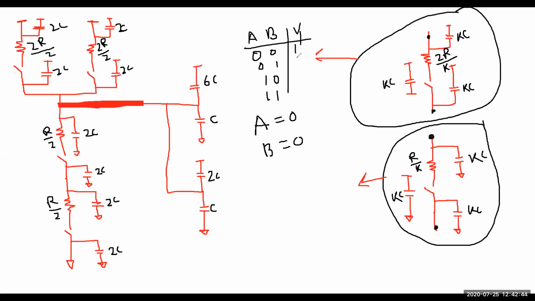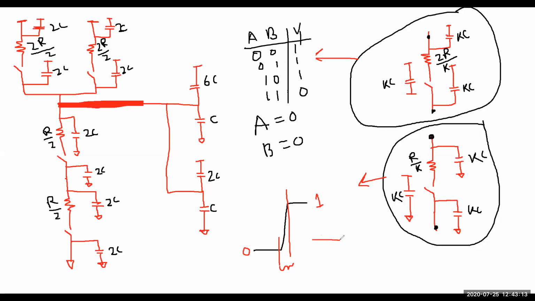For 0 1, it is 1. For 1 0, it is 1. For 1 1, it is 0. So when the rise delay occurs, when your output goes from 0 to 1, that time you will have a delay. This delay is called rise delay. When your output goes from 0 to 1, that time you will have your rise delay.